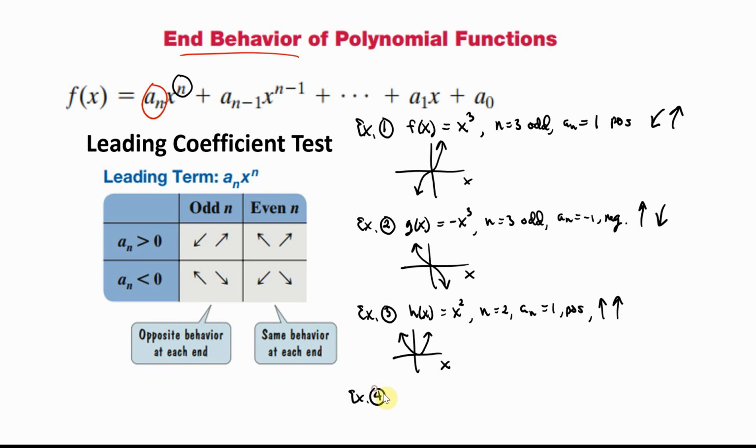And then the 4th example, negative x squared. Here n is 2.